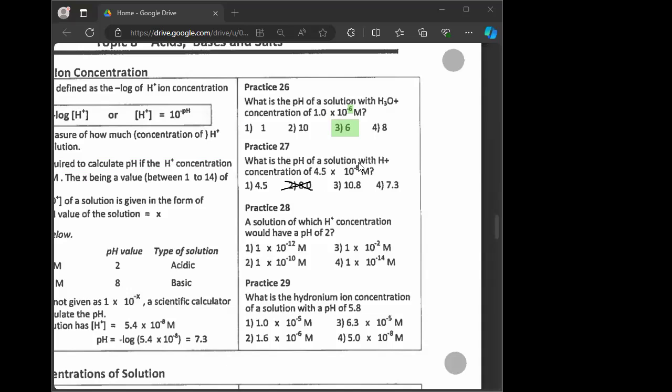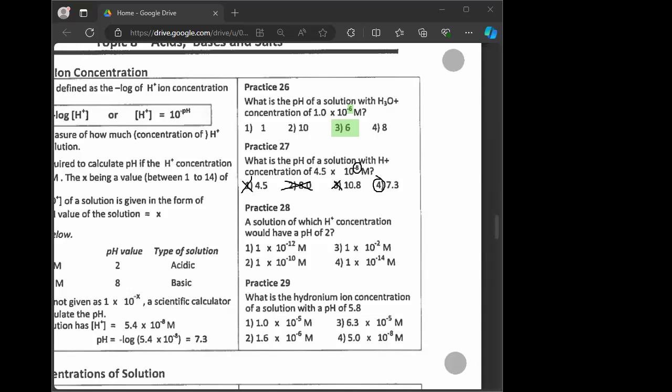It's going to be close to 8, but not exactly 8. So option 3 is too high. Option 1 is too low. So it's supposed to be option 4. Does it make sense? Yes, ma'am, it does. Okay, good.